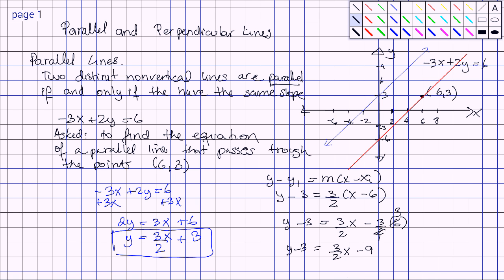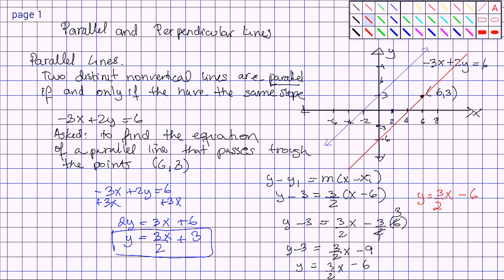Now if I solve for y, I have y equals 3/2 x minus 6 after adding 3 to both sides. So the equation of the line in red is y equals 3/2 x minus 6.